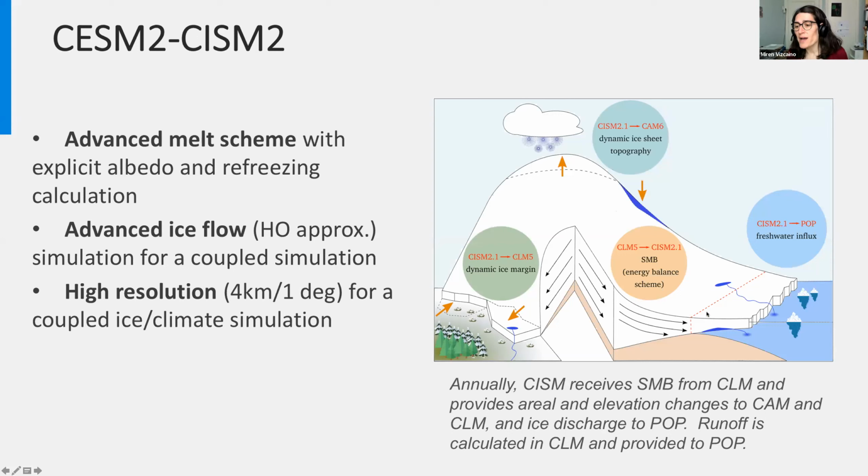Then we can provide ice discharge to the ocean model, called POP, and also the runoff. As the topography of the ice sheet is changing, this is communicated to the climate component. And as the area is changing, this is also communicated to the climate component.